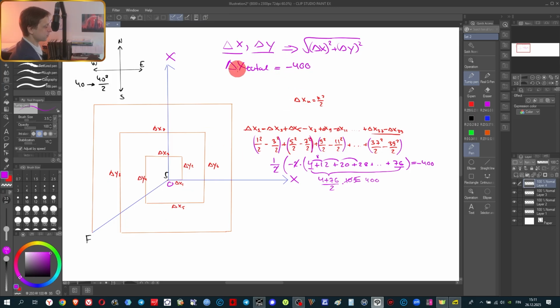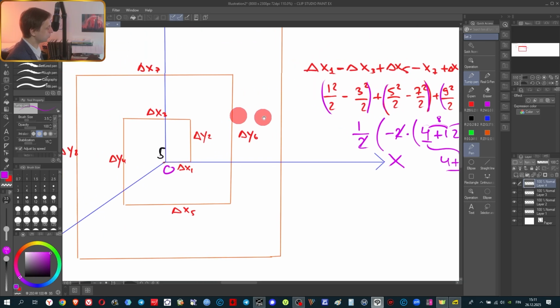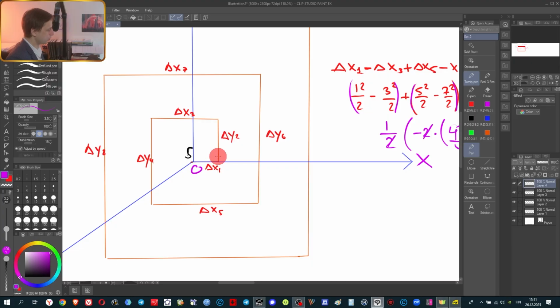Well, good enough. Eventually, we also need to find delta y, the total displacement along y. And here we will use the same idea. When we go along the y-axis, we add delta y with plus. When we go opposite to the y-axis, we add with minus.